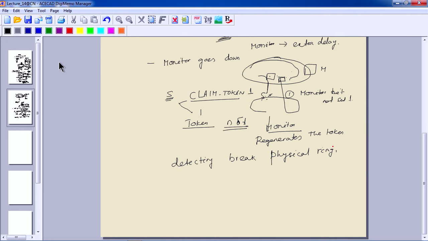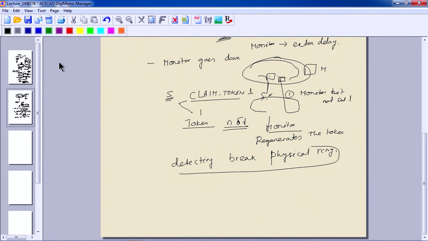This has to be done with a special technique called the wire center, a relay kind of thing. We are not going into that part, but this is a job that the monitor cannot detect. What it can see is only the status of the nodes connected to the ring, the status of the token and the status of the frames rotating inside the ring.